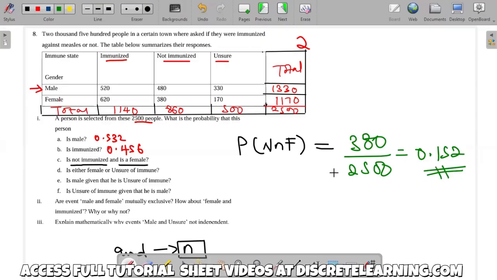So it means that I've actually found my probability there. The probability here is just 0.152. Okay, so I'm done with that. I move to part D, if there are no questions.